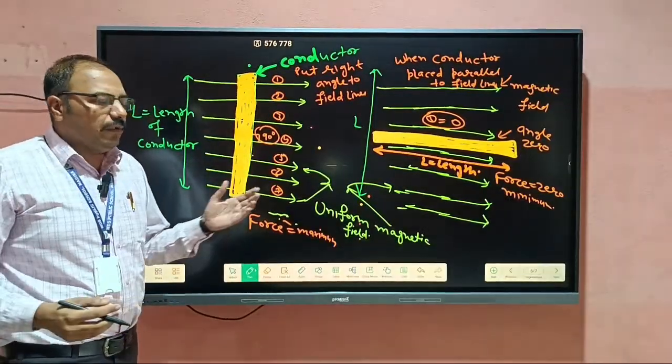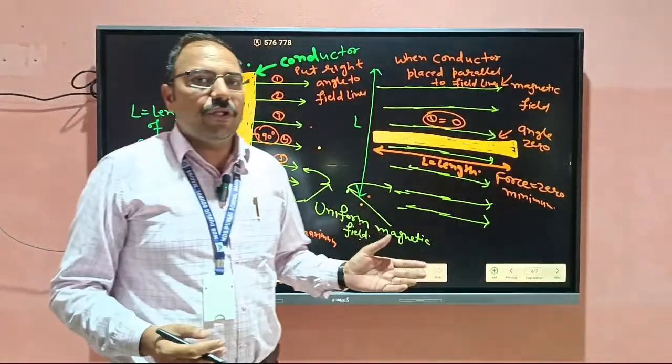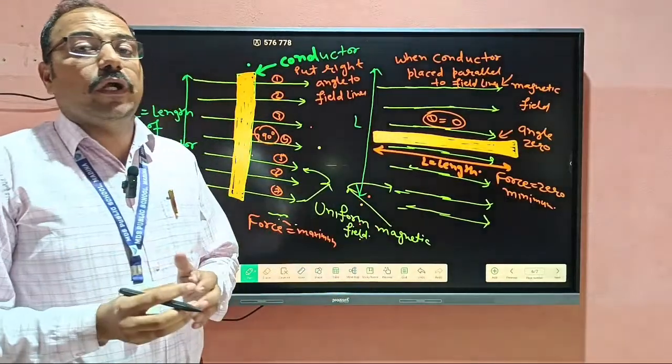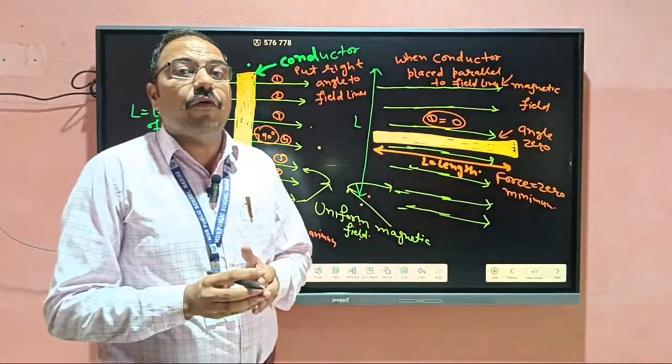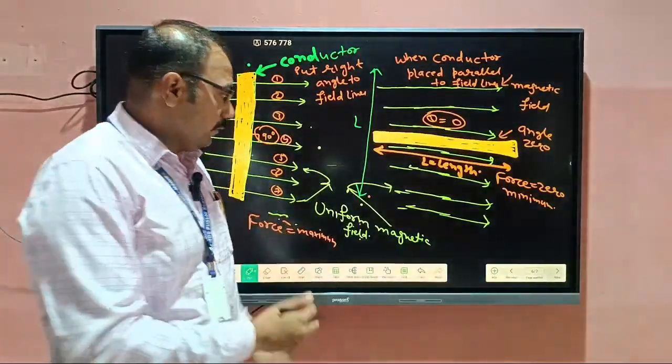And another example given in the NCERT book is the U-shaped magnet. We put a conductor between the U-shaped magnet and find out the force on the conductor.